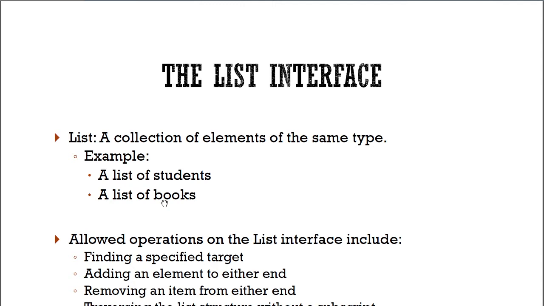So you have to develop a list, a collection of elements, and you have to define operations on the list interface, such as finding a specified object, adding a new element, or removing an item from the list.